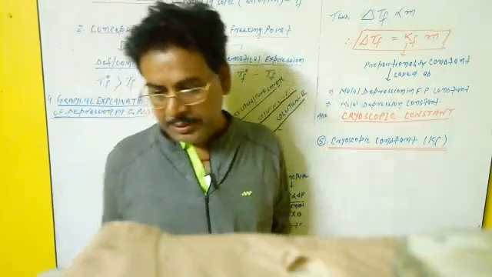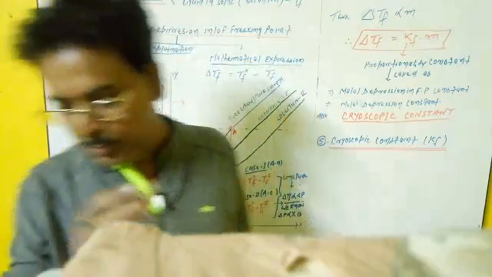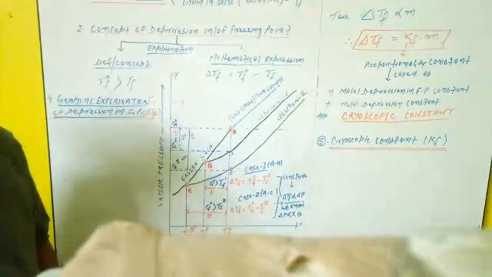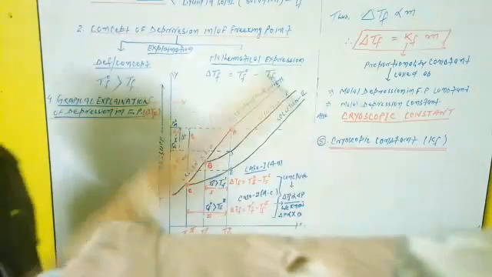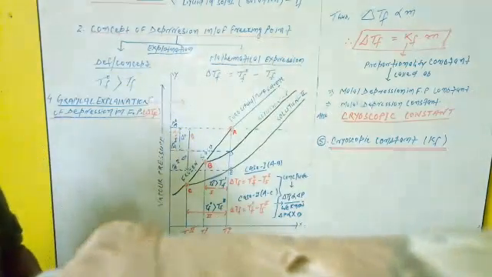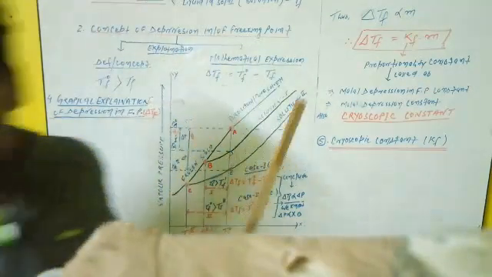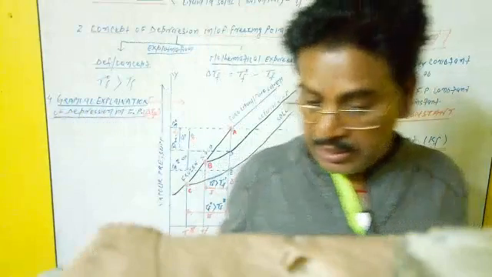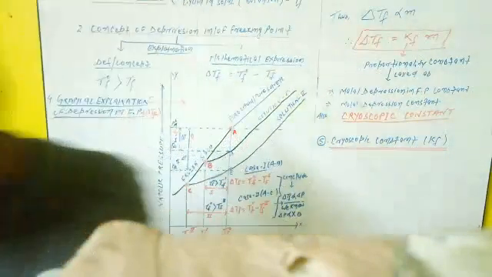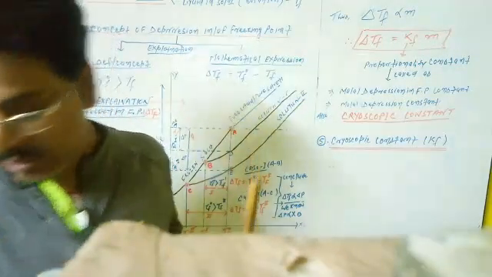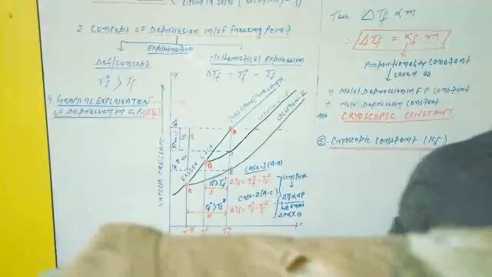In another way, at freezing point the vapor pressure of the solid becomes equal to the vapor pressure of the liquid. This is another definition. So the temperature at which the vapor pressure of the substance in its liquid phase becomes equal to its vapor pressure in the solid phase is also called the freezing temperature.